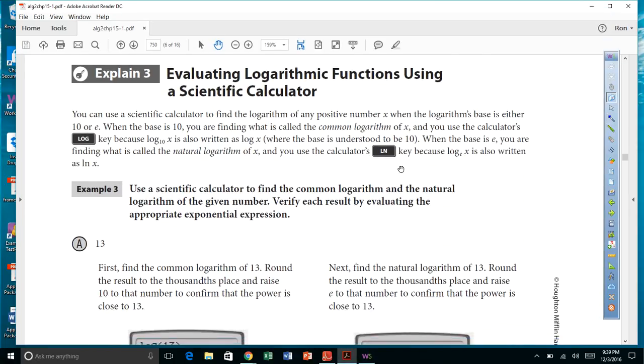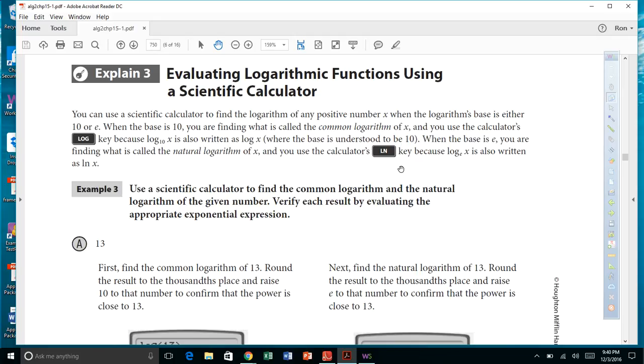Evaluating logarithmic functions using a scientific calculator. You can use a scientific calculator to find the logarithm of any positive number x when the logarithm's base is either 10 or e. When the base is 10, you are finding what is called the common logarithm of x, and you use the calculator's log key, because log base 10 of x is also written as log x, where the base is understood to be 10.